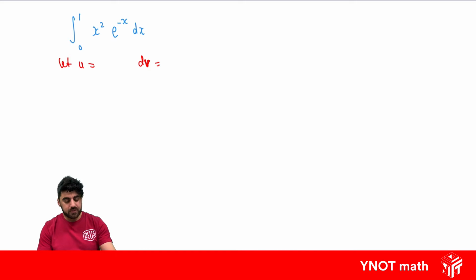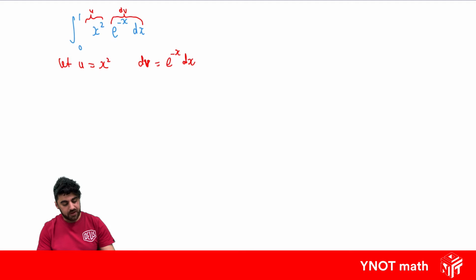So the goal here is to, again, pick something for u that's easy to differentiate and something for dv that's easy to integrate. So here we're going to let u equal x squared, and we're going to let dv equal e to the minus x dx. So all of this part is u, and this part is dv.